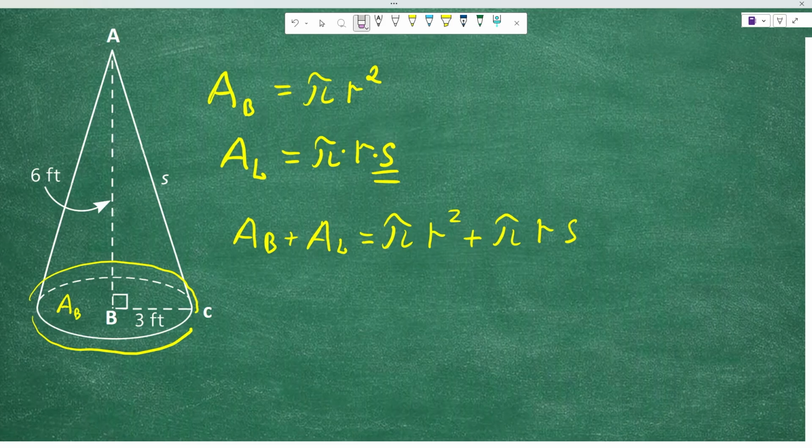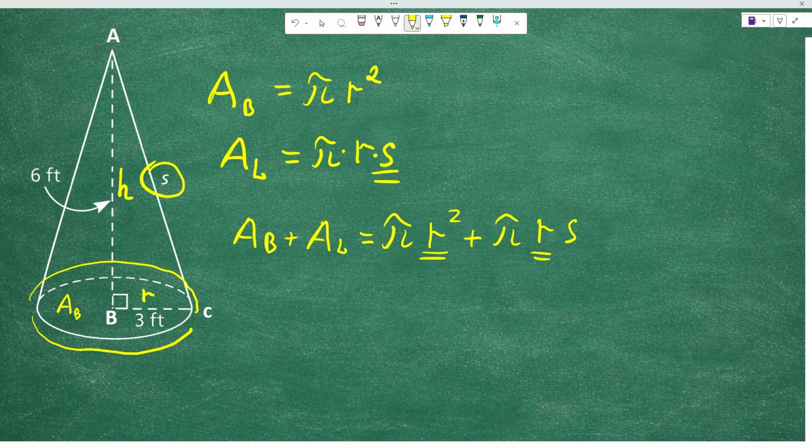We have the radius of the base, r, segment BC, which is 3 feet. Perfect. We have r here and here. But what is that 6 feet? It's segment AB, which runs vertically straight from the point at the top to the center of the bottom circle. That is the height h, not the slant height s.